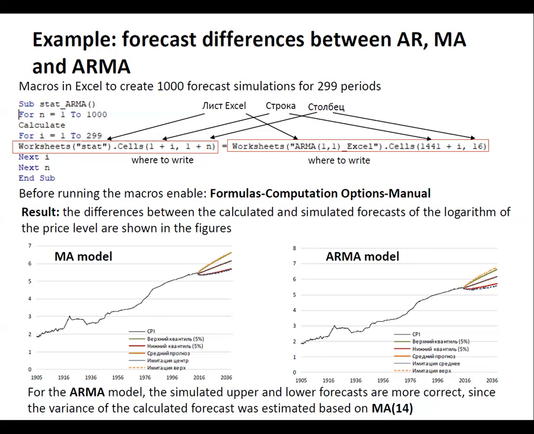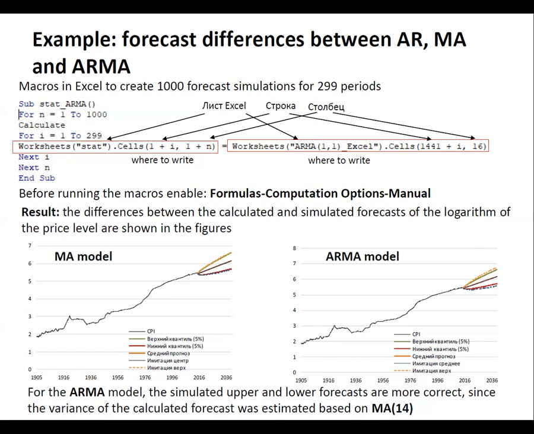That is, if it is set to automatic, then every time the macros command is executed, it will generate new random numbers for us. But we do not need this. It will take too long to calculate and will make an error. Therefore, you have to enable the feature manually.